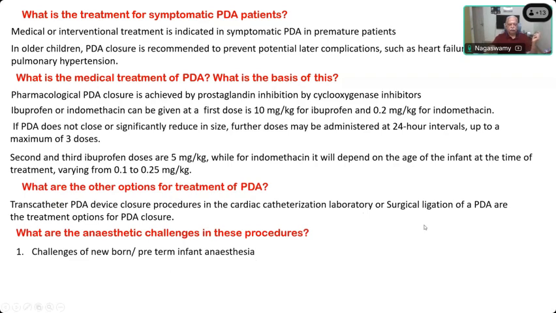Then what is the next thing you have to think of? If it is PDA device closure, can it be done under local like you do in an adult? Difficult airway and difficult venous access. See, those are all the challenges. The baby won't stay still.